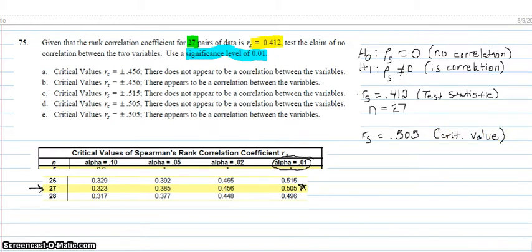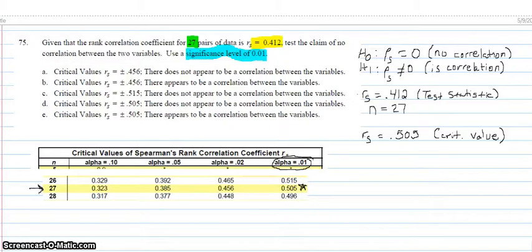All right. So if R of S, meaning the test statistic, is between the negative and positive critical values, you're going to fail to reject the null hypothesis, meaning there is no correlation. So you want to compare your test statistic and your critical value.